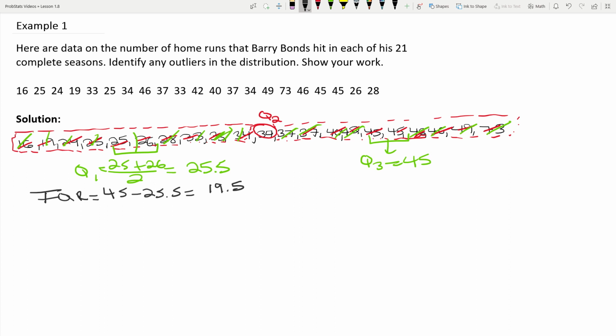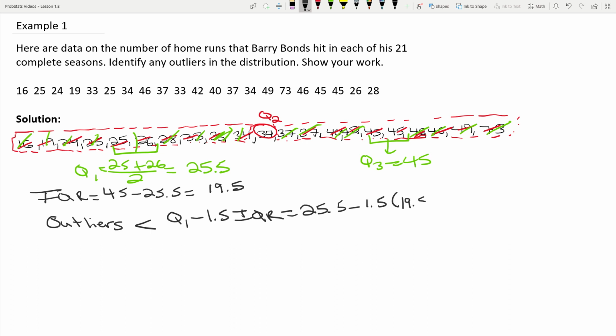So we can say our outliers have to be less than the first quartile minus 1.5 IQR, which in this case is 25.5 minus 1.5 times the IQR, or negative 3.75.